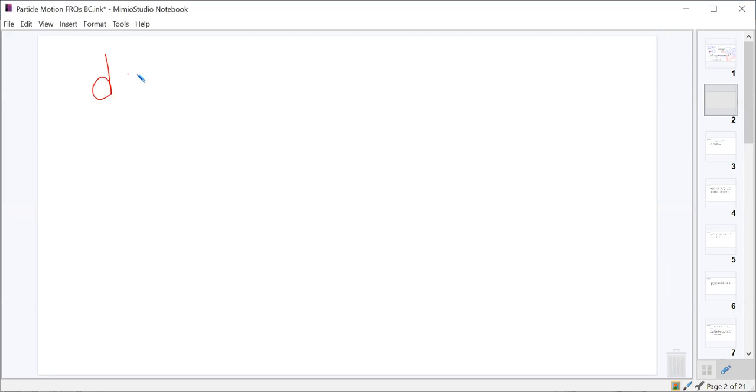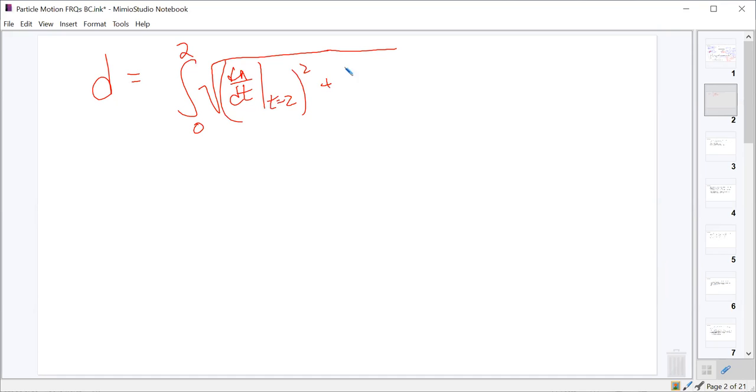So our total distance traveled should be an integral from 0 to 2, and it should be the square root of dx dt at t equals 2 squared plus dy dt at t equals 2 squared dt. And this time I'll do my best to actually plug these things in properly.